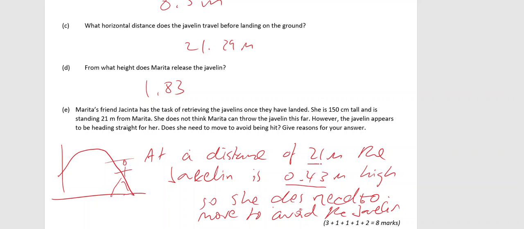Make sure you put in data so that I know what you're saying is backed up by something, otherwise I can't give you the marks. So you have to say yes or no: she does need to move, and back it up with the data. So 0.43 meters is 43 centimeters, and she's 150 centimeters tall, so it will hit her possibly in the leg or something like that. So hopefully that helps you get a grasp of how to do the tech-allowed section.